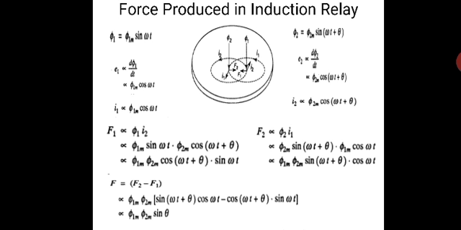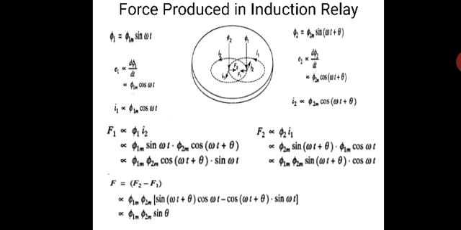Similarly F2 is proportional to phi2 into I1. Okay, see in the figure, F2 is proportional to phi2 and phi1, and the directions are opposite. So F2 is proportional to phi2m sine omega t plus theta into phi1m cos omega t. So F2 is proportional to phi1m into phi2m into sine omega t plus theta into cos omega t.